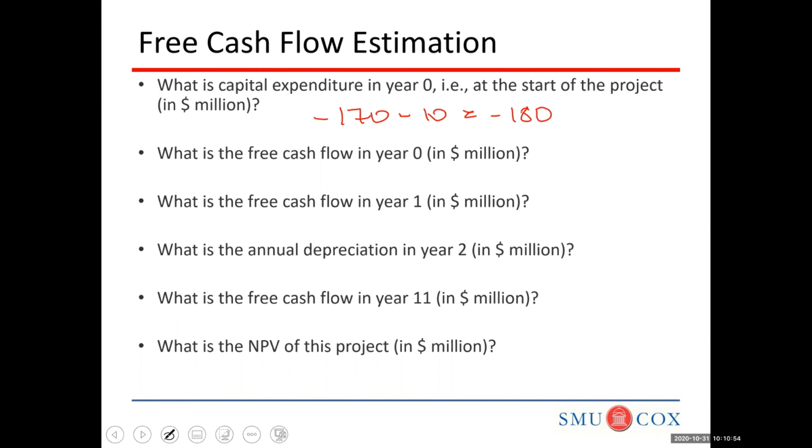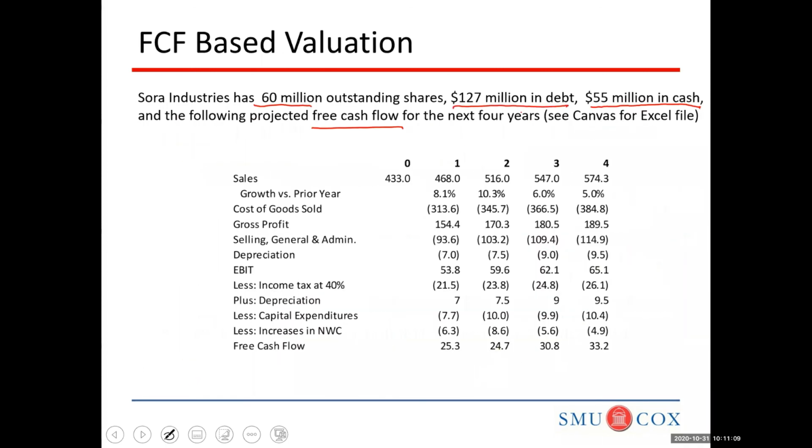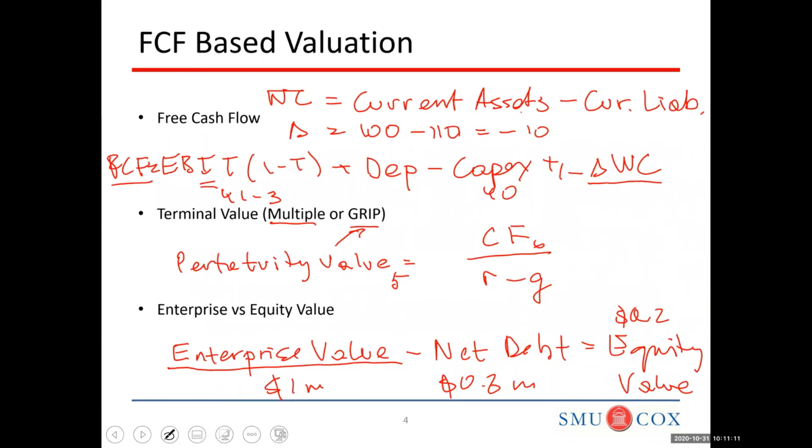And then what was the free cash flow in year 0? It's kind of a tricky question because if you look at this formula, you remember I told you that you can use it in different situations. There's basically no EBIT, there's no depreciation.